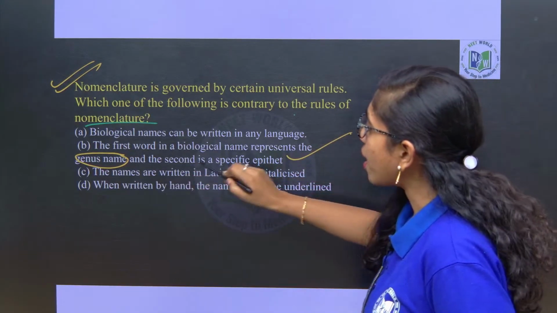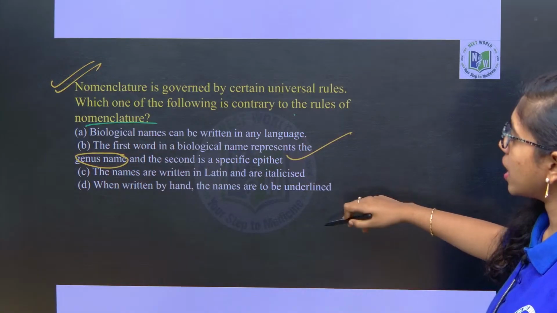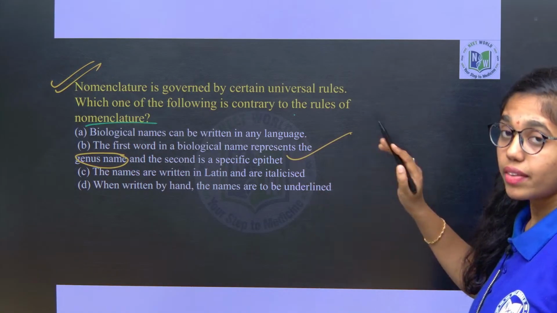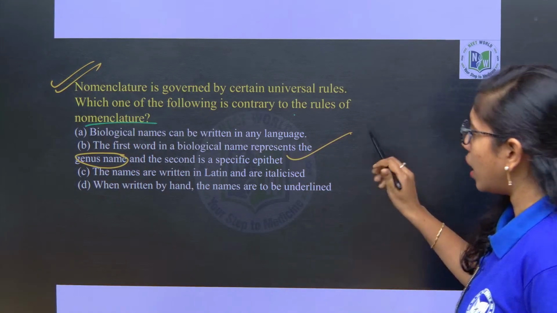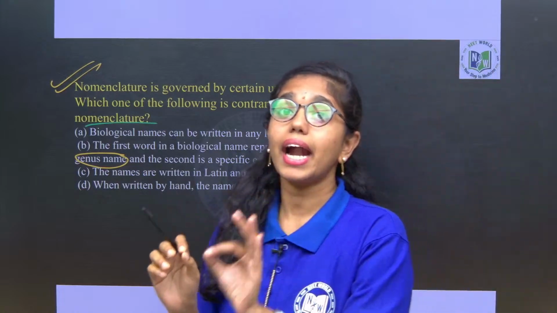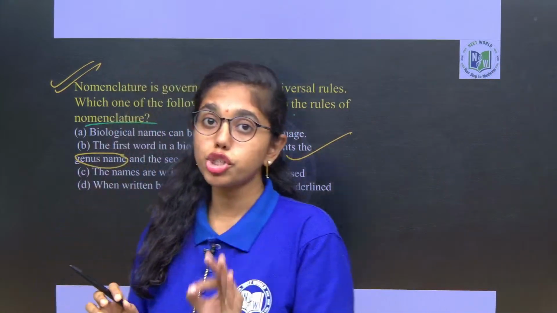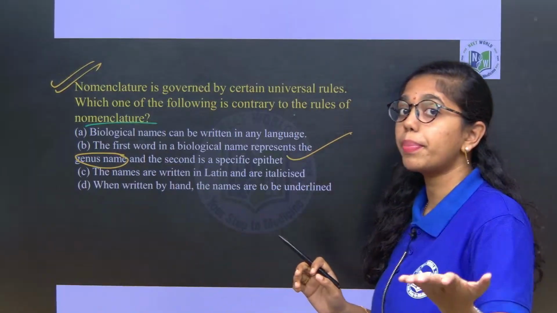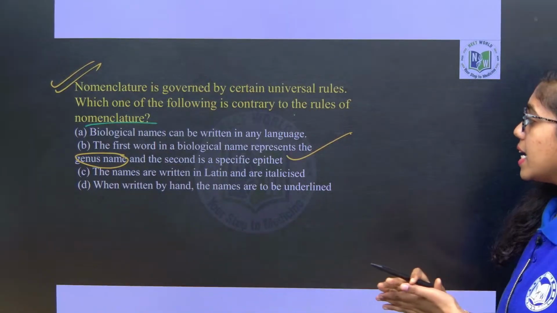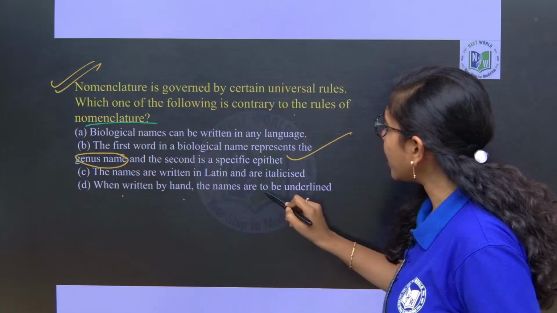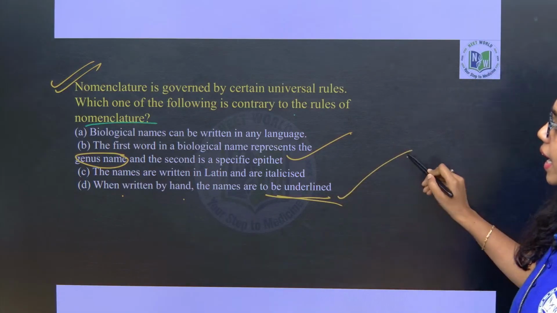The names are written in Latin and italicized, correct. The names should be underlined separately if they are written by hand; if they are printed, it will be in italics. When written by hand, the names should be underlined, true.